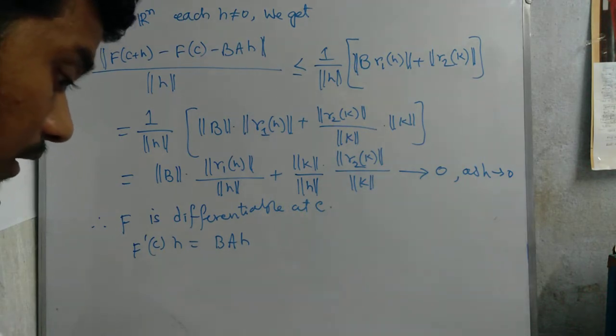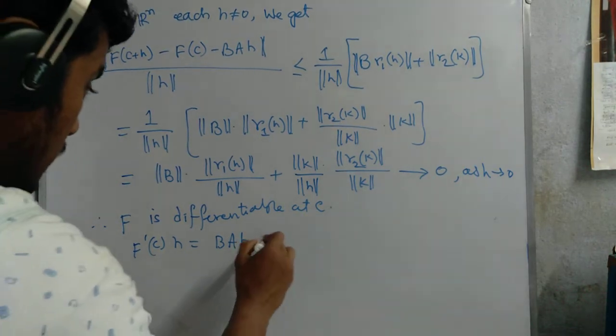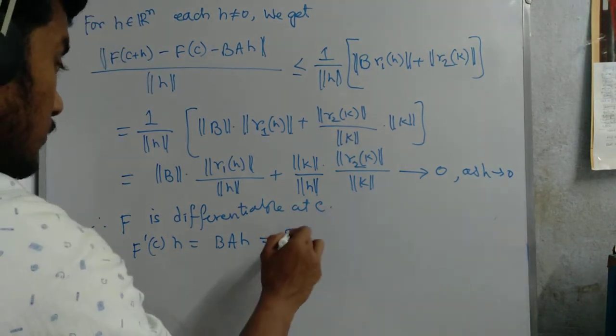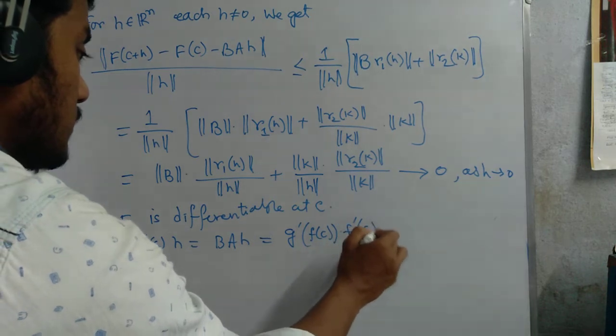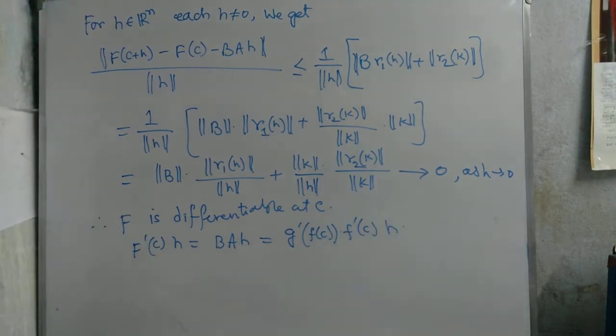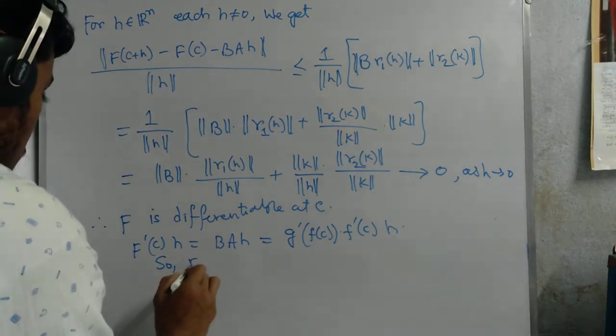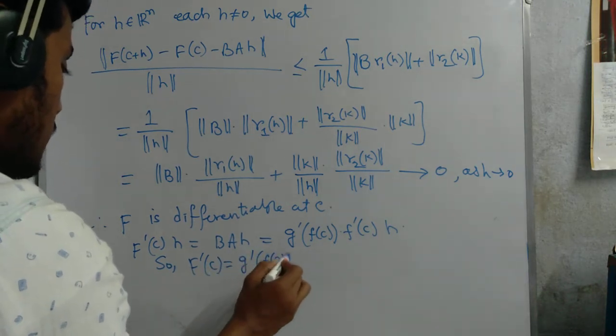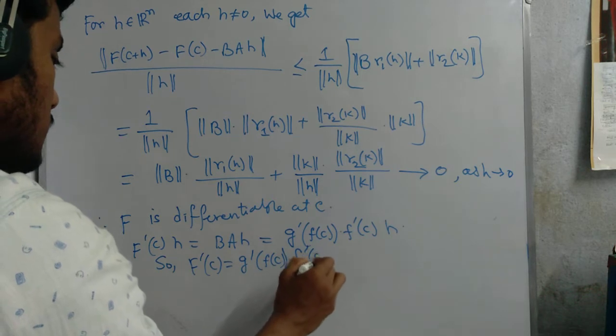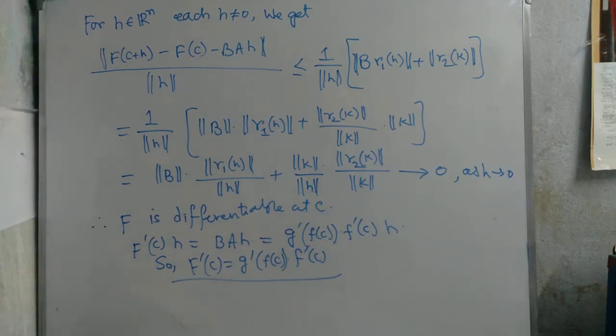Now BA equals g'(f(c)) composed with f'(c). So F'(c) equals g'(f(c)) multiplied by f'(c). So we have also proved this chain rule.